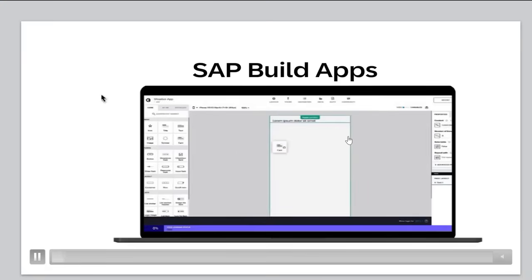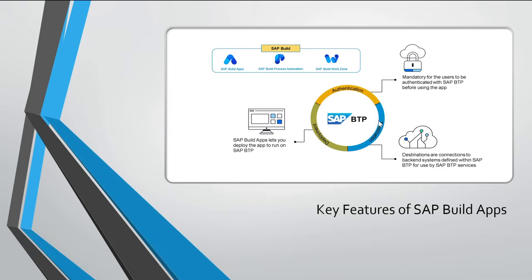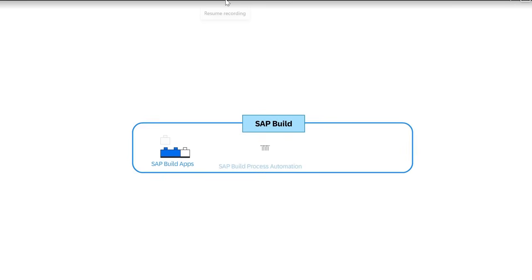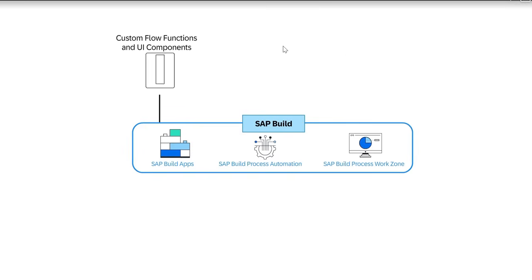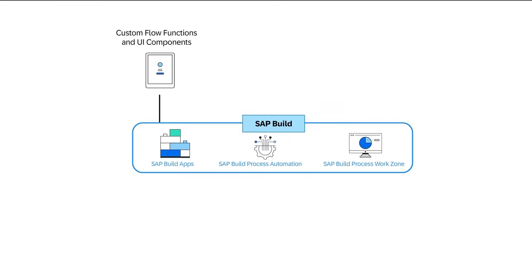Now we will see the key features of SAP Build Apps. SAP Build Apps is a more sophisticated feature set that lets advanced business users and developers make the most of the platform to build apps. You can create your own custom flow functions, logic and UI components.